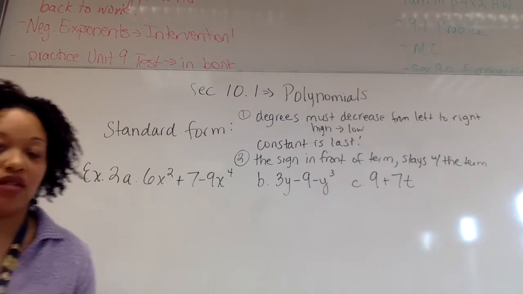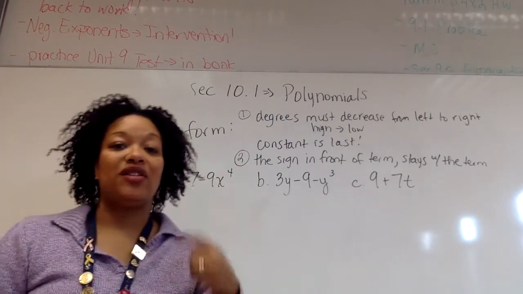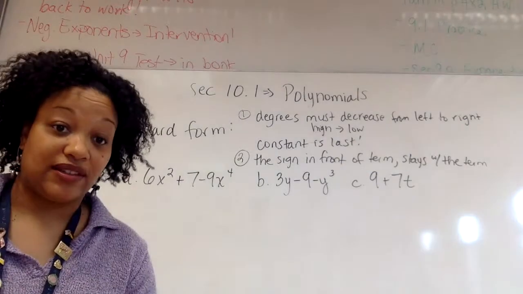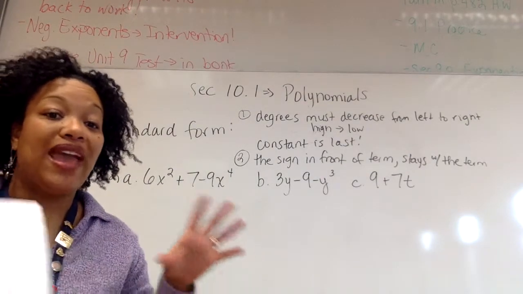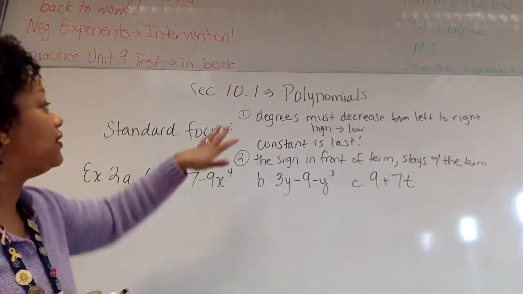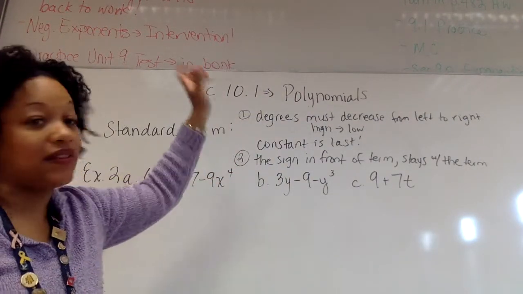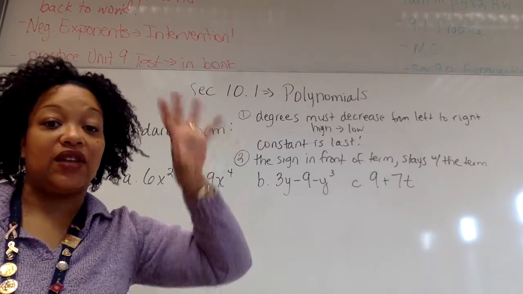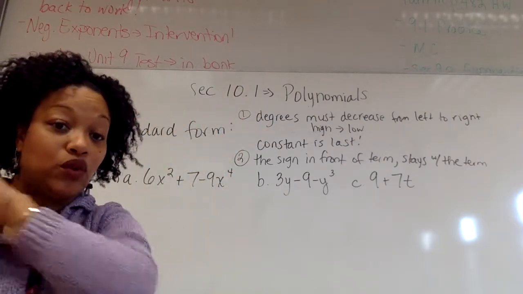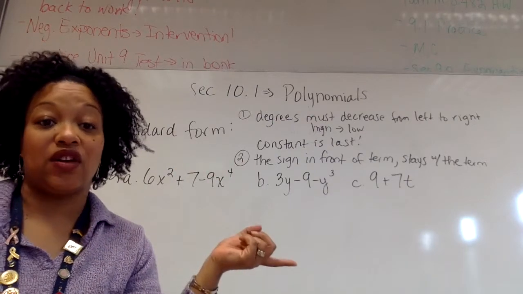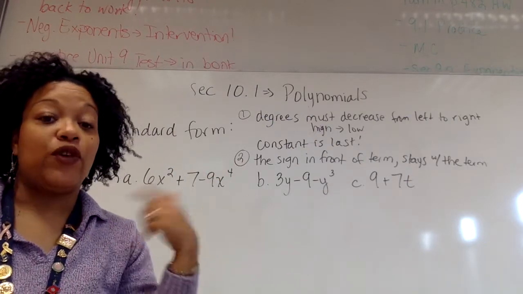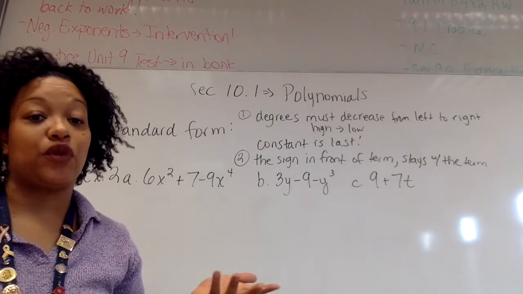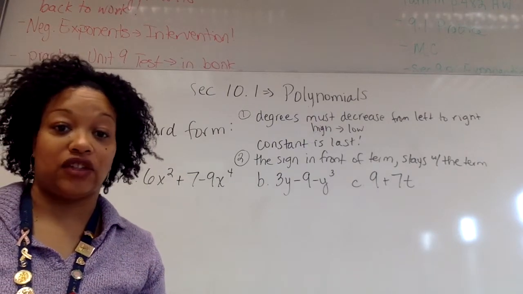If a polynomial is not in standard form, as you see in example 2, they won't be, you may have to move terms around to get the degrees from the highest to the lowest. If there's a negative sign in front of the term you're about to move, the negative goes with the term. They belong together. If you forget the negative sign, your polynomial is going to be off, and that's going to throw off your addition and subtraction.